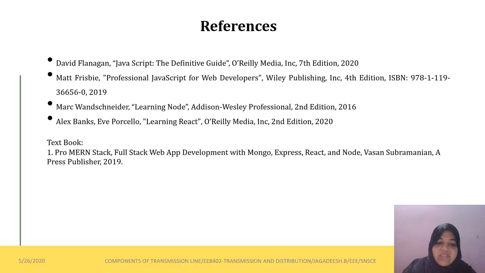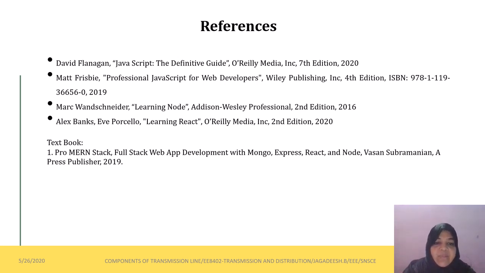So here are the references we'll be using. David Flanagan, JavaScript: The Definitive Guide, O'Reilly Media, 7th edition, 2020. Matt Frisbie, Professional JavaScript for Web Developers, published by Wiley, 4th edition, ISBN 9781119366560, 2019. Mark Simpson, Learning Node, Addison-Wesley Professional, 2nd edition, 2016.